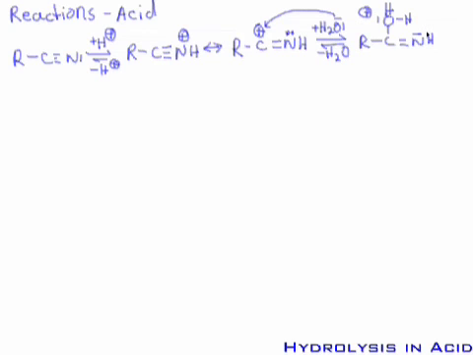Well, obviously, the first thing that can happen is I can lose a proton, minus H plus off the oxygen. Going back would be plus H plus. Minus H plus will give me an RCOH, double bond NH.